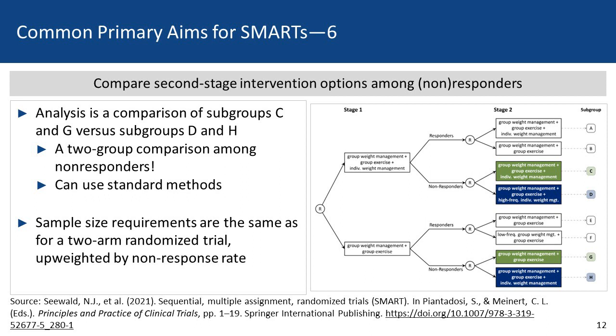The sample size requirements, again, are similar to a two-arm randomized clinical trial. So I can just use standard methods to get a sample size for a two-group comparison. And then to get the sample size for the entire SMART, I just need to upweight by the non-response rate. So I'll divide by the hypothesized probability of an individual not responding to that first stage treatment.